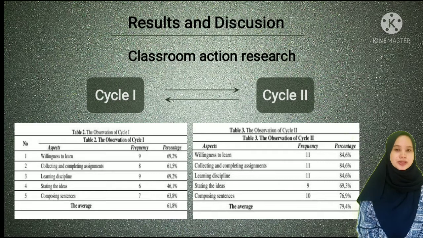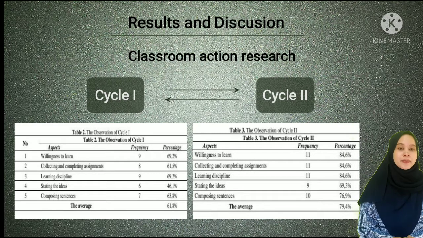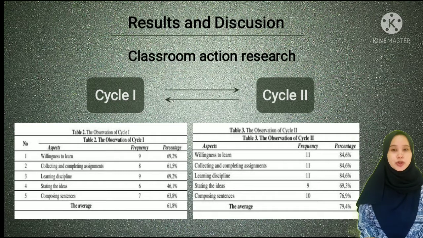teaching and learning process. This increase can be seen from the number of students who want to convey ideas and arrange simple sentences well. This shows that 9 students are able to convey their ideas during learning, and 10 students are able to convey simple sentences well.